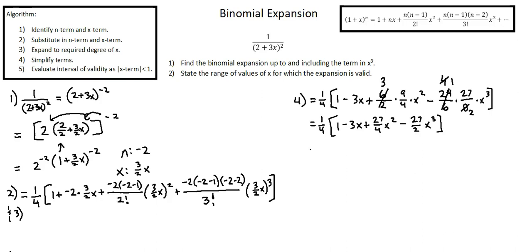And finally, I'll distribute 1 over 4 to all 4 of the terms of my expansion. So 1 over 4 times 1 is 1 over 4, minus 3x times 1 over 4 is 3 over 4 x, plus 27 over 4 x squared divided by 4 is plus 27 over 16 x squared, minus 27 over 2 times 1 over 4 is minus 27 over 8 times x to the power of 3.